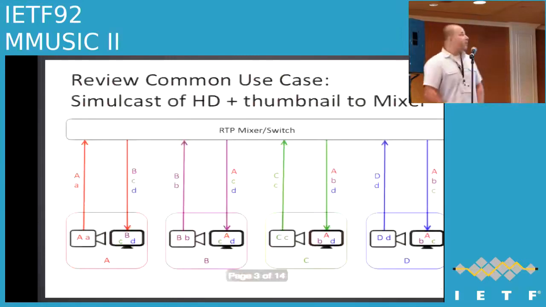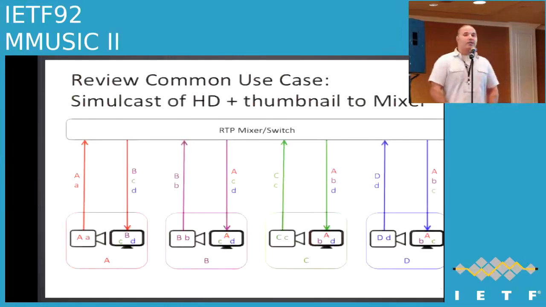Next slide, please. So reviewing what the common use case for simulcast is, typically in a switching mixer environment where you have an RTP switch that is not transcoding media, but is just switching the RTP streams.